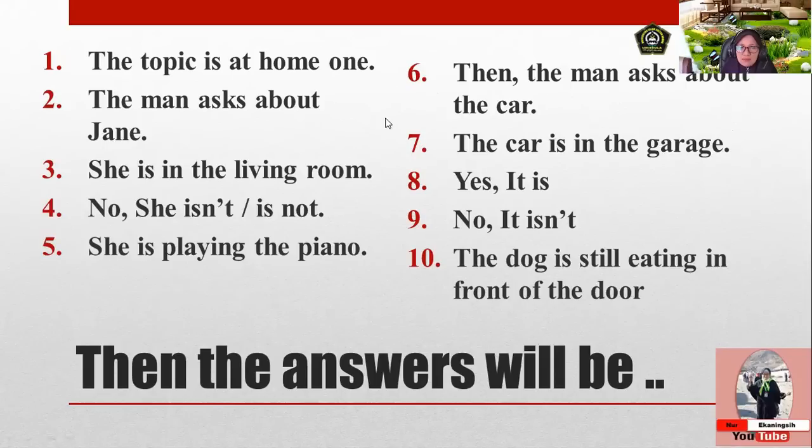Okay, this is for response number 7. Response number 8, yes it is. Yes followed by the subject and then be, because this is positive. This is yes. And then number 9, okay, the response is no, it isn't.